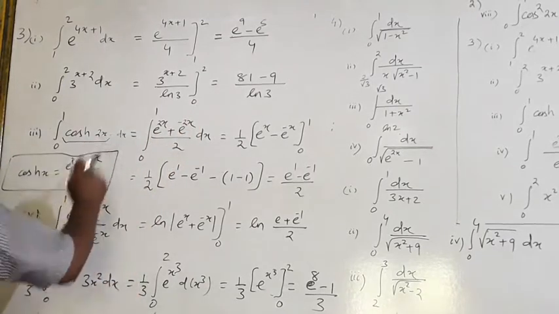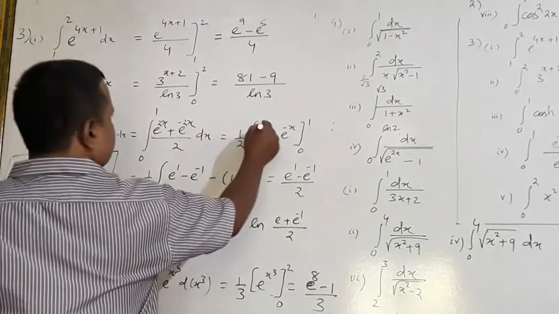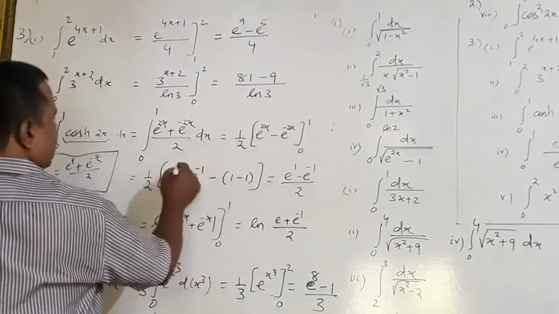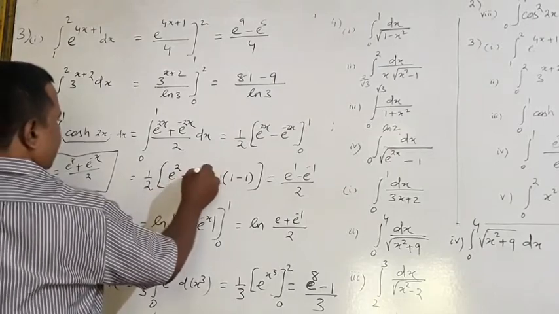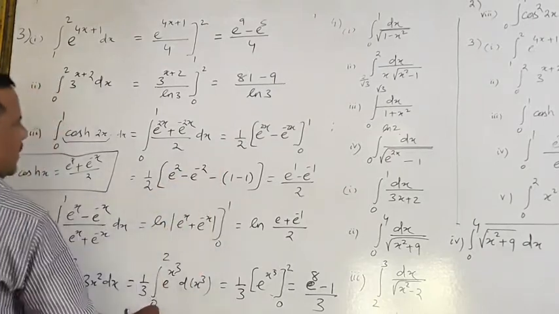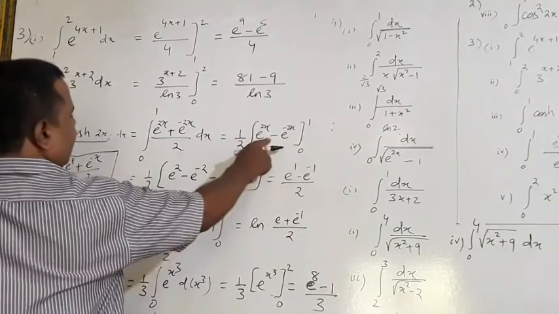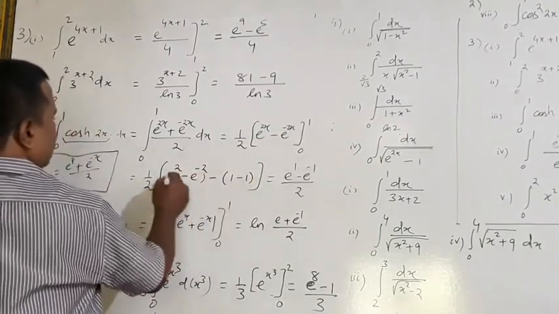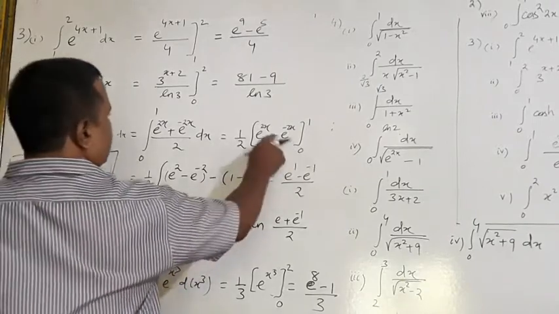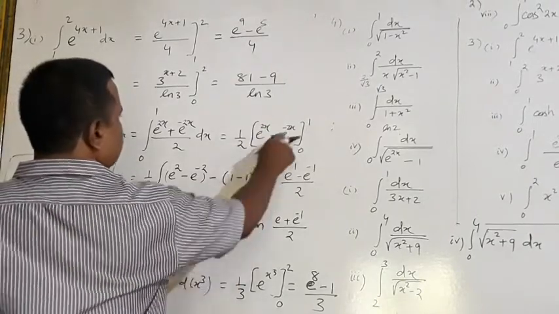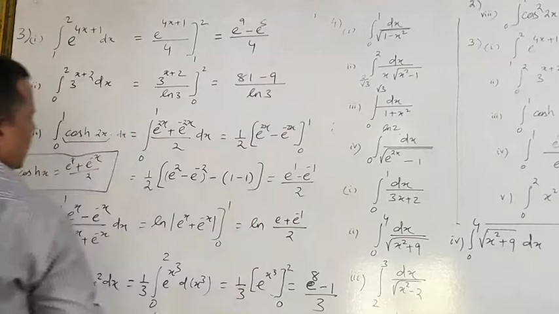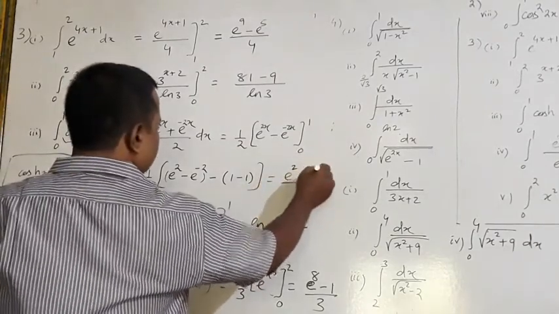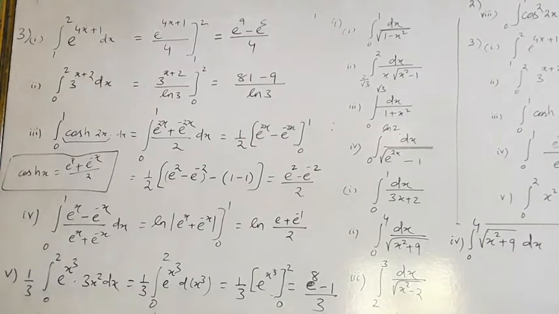When you put 1, you will get e to the power 2 minus e to the power minus 2. Then when we put 0, e to the power 0 is 1, minus e to the power 0, 1. So it becomes e square minus e to the power minus 2 by 2.